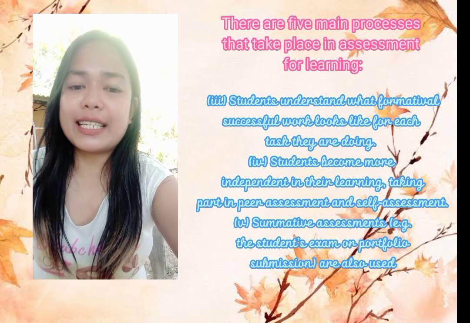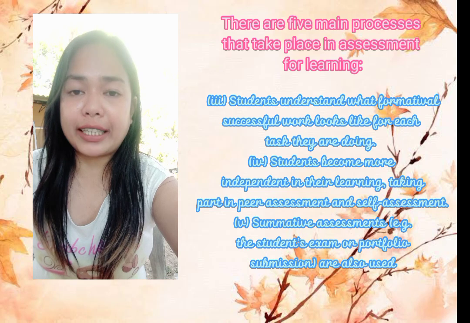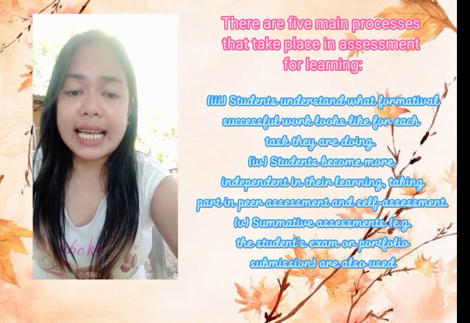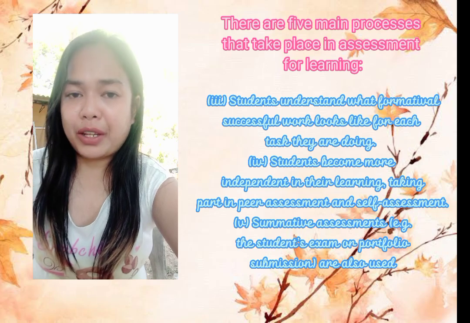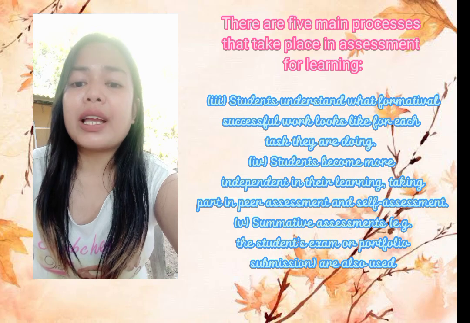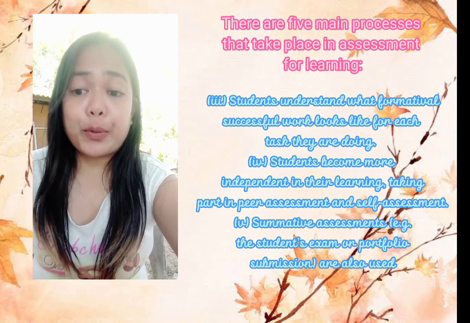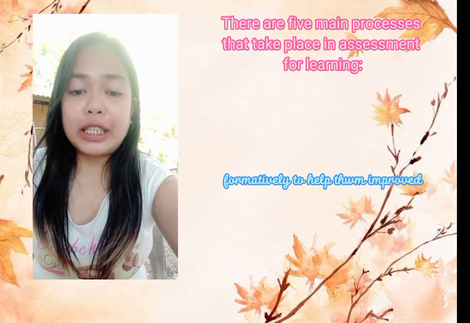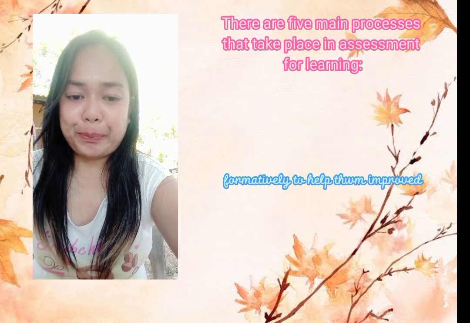The fourth is that students become more independent in their learning, taking part in peer assessment and self-assessment. The last is summative assessments. The student exam or portfolio submission are also used formatively to help them improve.